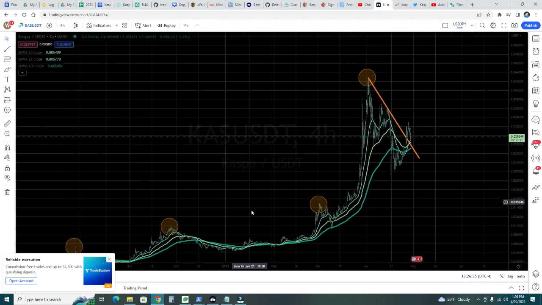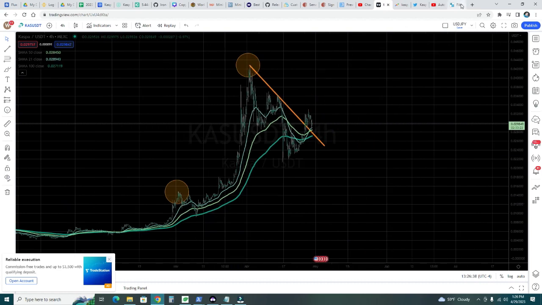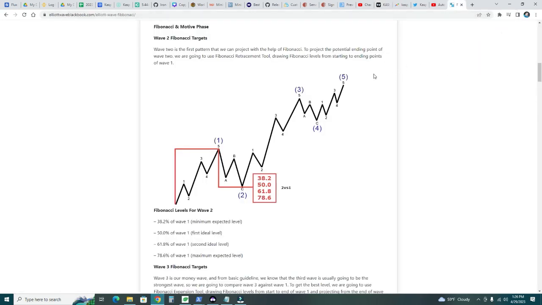So what we can do here is look at Fibonacci and Elliott Wave theory and try to estimate the next moves. This is just based on Fibonacci retracements and Fibonacci extensions. The first wave in an Elliott wave is made out of 5 moves: 1, 2, a correcting pattern, 3, which is the extension, really impulsive, a big move, then a correcting number 4, and then the last one, number 5.